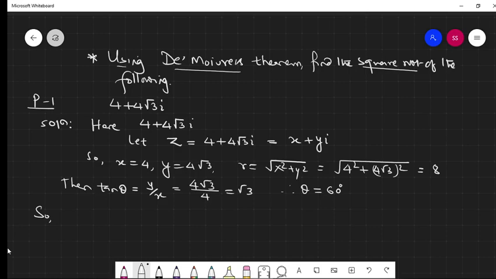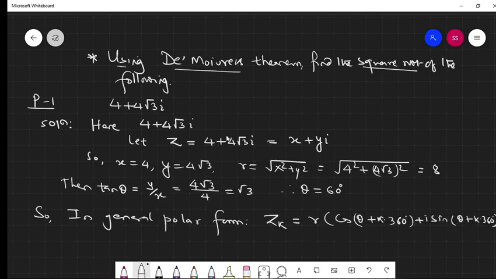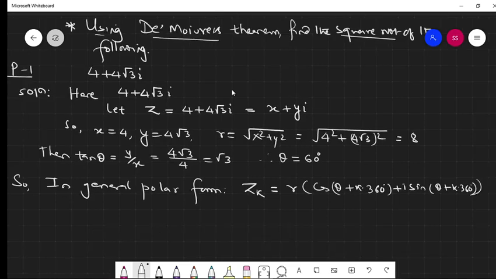This is the general polar form, where k is 0, 1, 2, 3, and so on, which we will apply later. While finding the general solution, k times 360 degrees, that is 2 pi, we can express with inverse circular functions also. Then we have to find the square root.